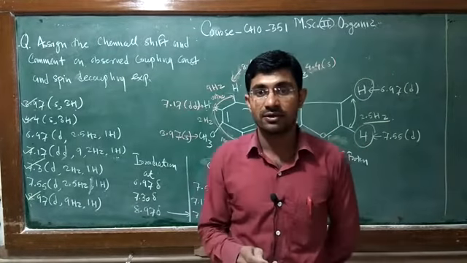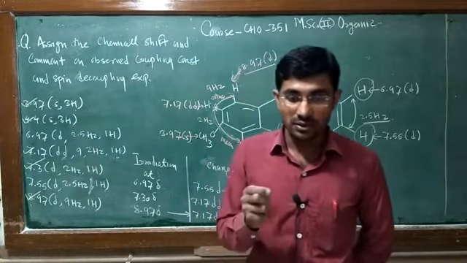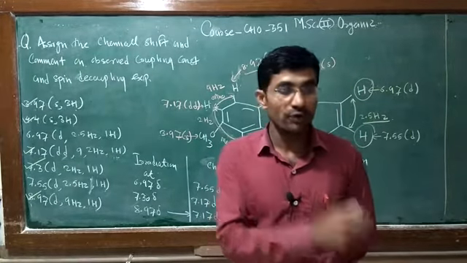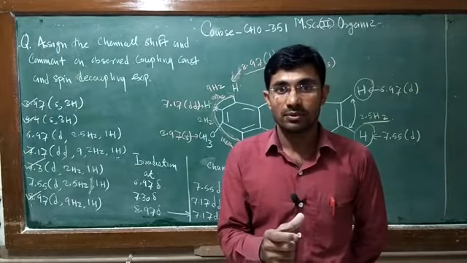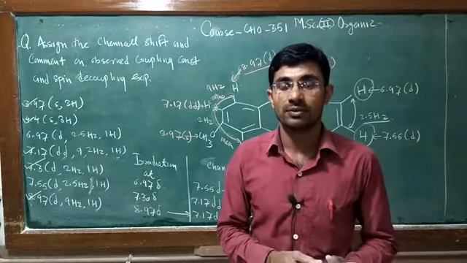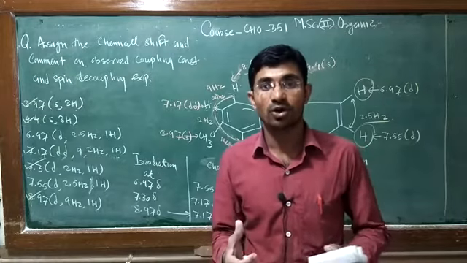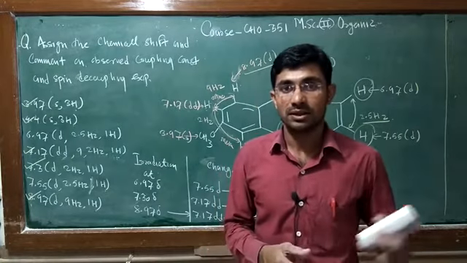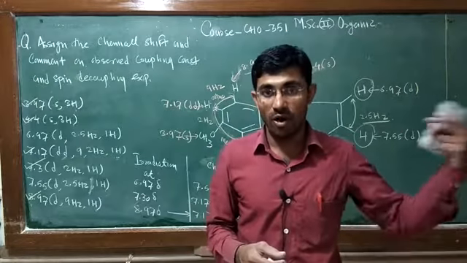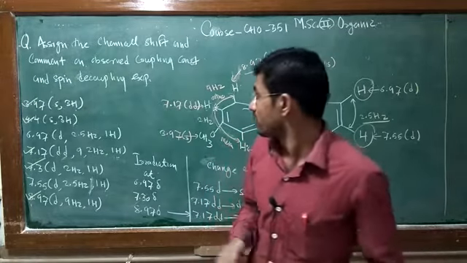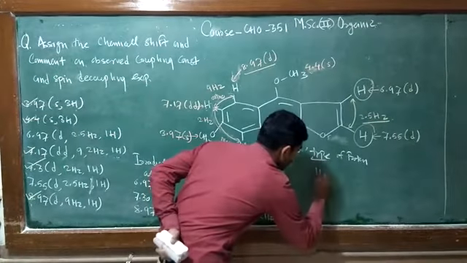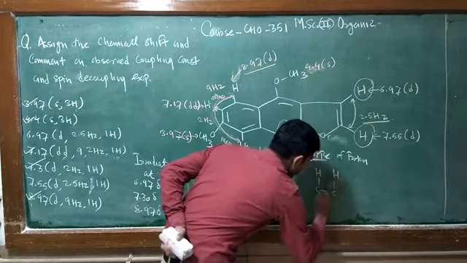After irradiation of a given proton, a proton present within a distance of 3 to 4 angstrom units interacts with the irradiated proton by a dipolar mechanism, so signal enhancement occurs for that proton.